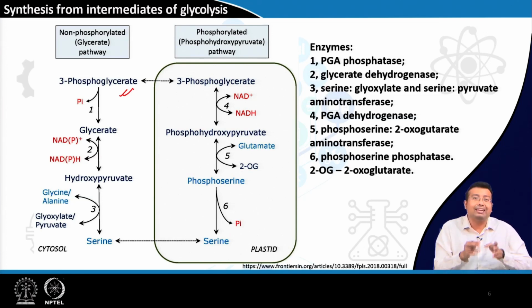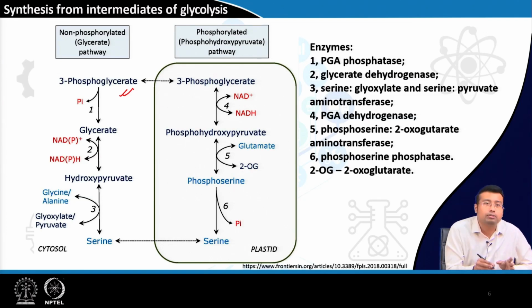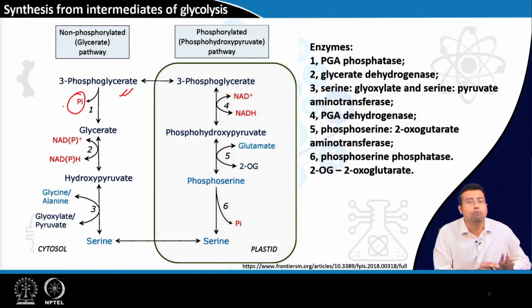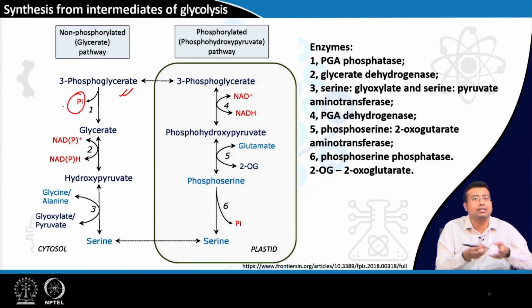That is a pathway in which the intermediates are non-phosphorylated, that means from 3-phosphoglycerate just at the beginning an inorganic phosphate is removed by the enzyme phosphatase, and thereafter by dehydrogenation and transamination serine can be formed. Similarly, from the phosphorylated intermediate even serine can be formed by the action of these enzymes 4, 5 and 6.